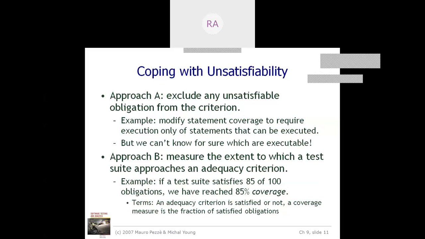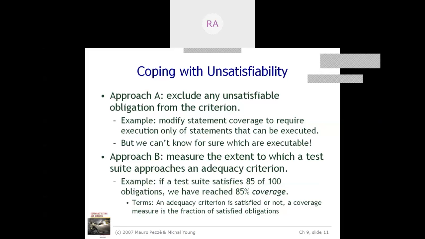How do I cope with the unsatisfiability? The first approach is you have to exclude the unsatisfiable obligations from the criteria. Whenever you find that the test obligations are unsatisfiable, you have to exclude those from the criteria.